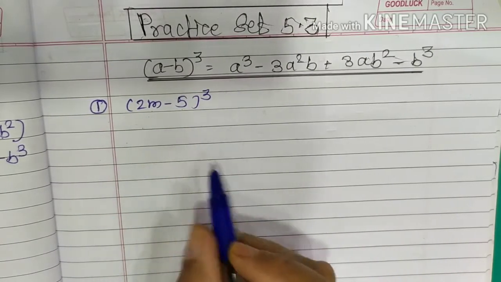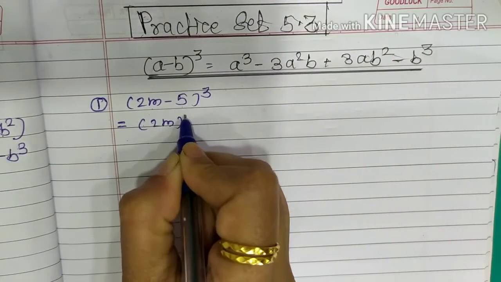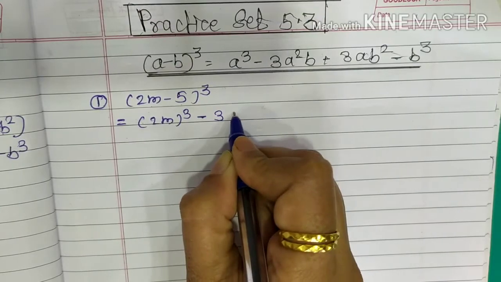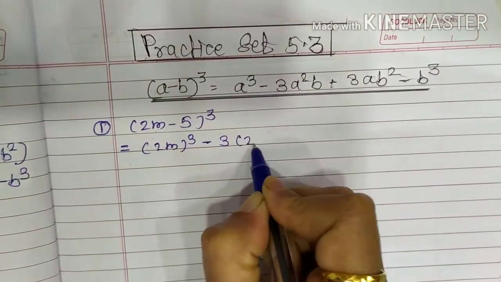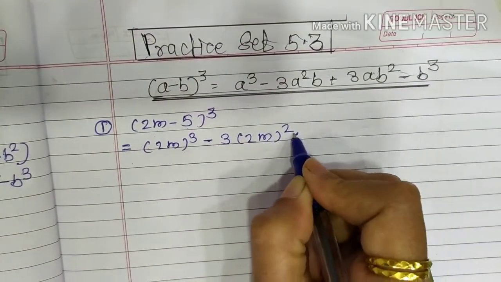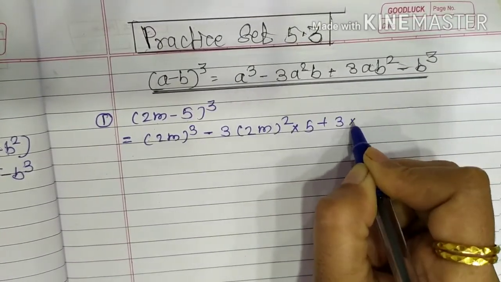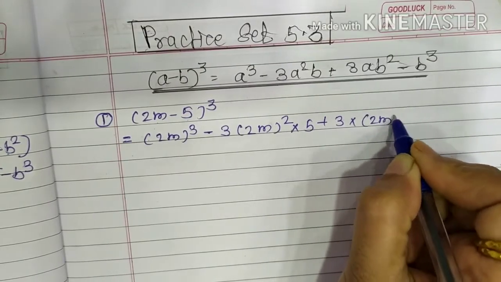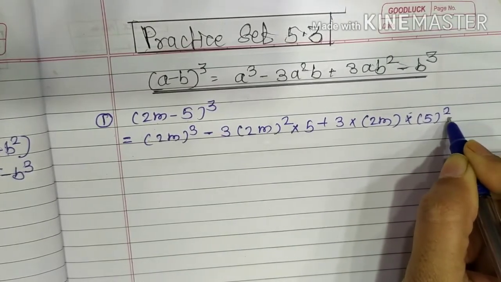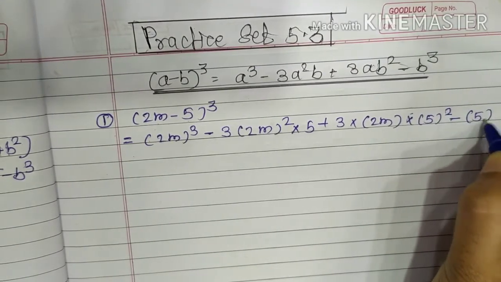So by this formula, first term cube, (2m) cube, minus 3 into first term (2m) square into 5, plus 3 into first term 2m into 5 square, minus second term cube, 5 cube.